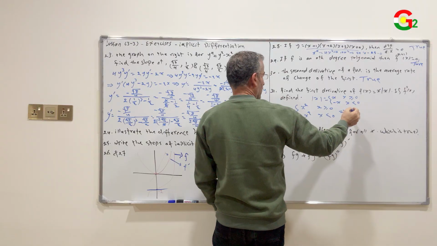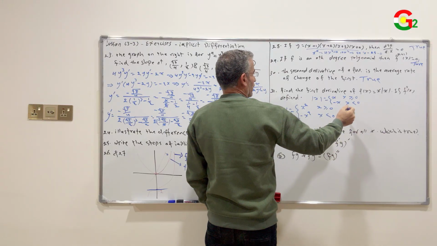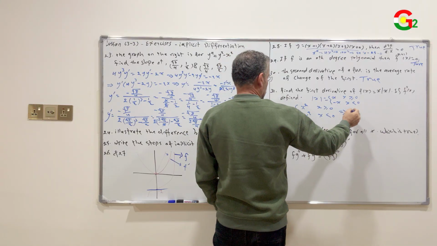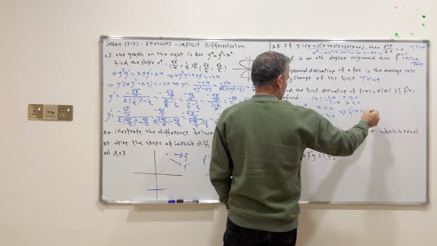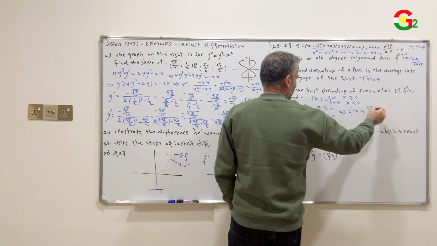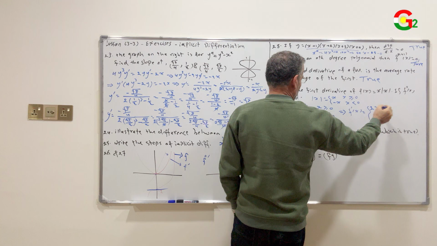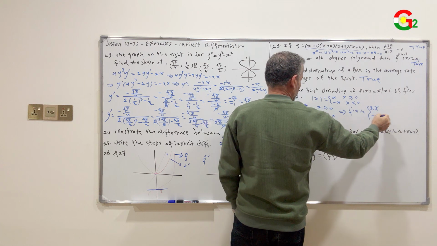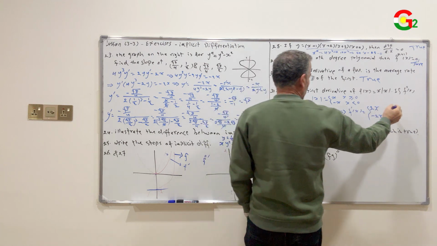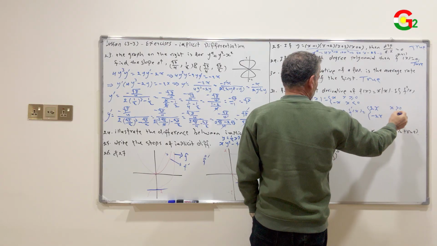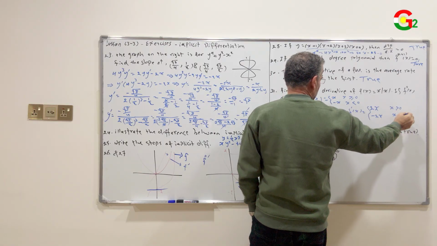Then the first derivative, f prime of x, equals 2x when x is greater than 0, and negative 2x when x is less than 0.